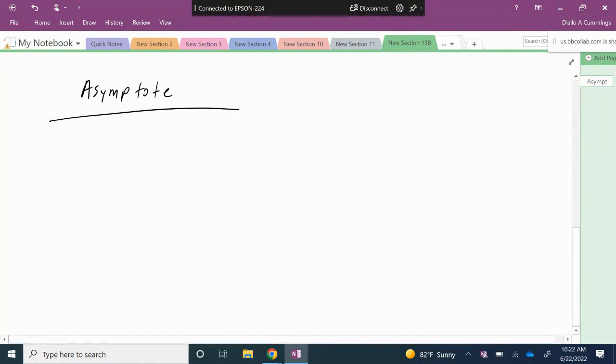An asymptote, in general terms, is a line that the graph never touches. So we'll take a look at some examples.